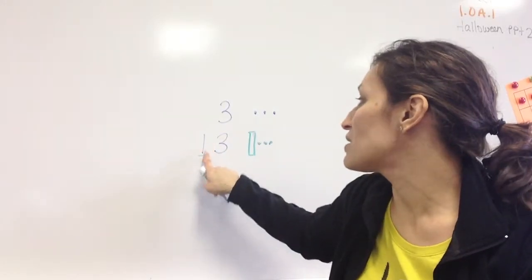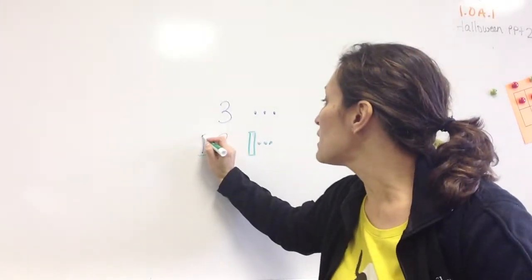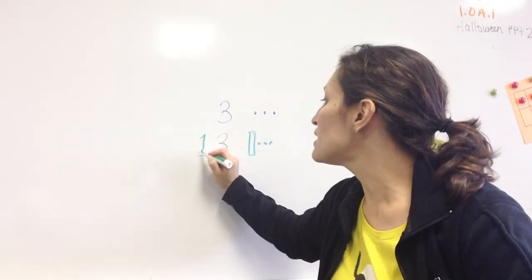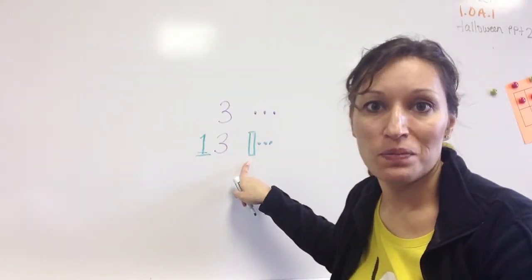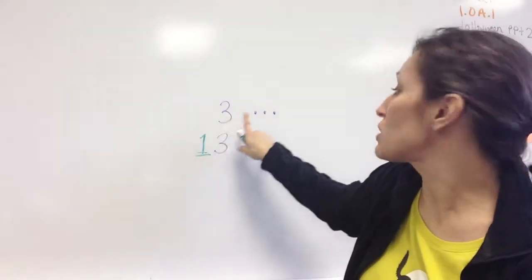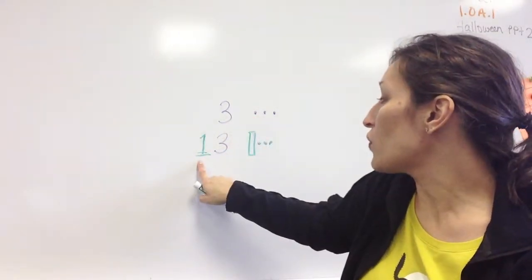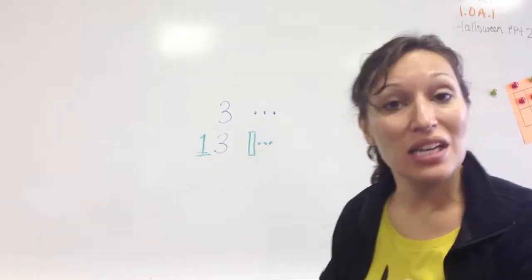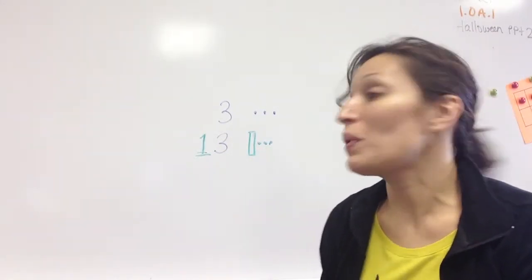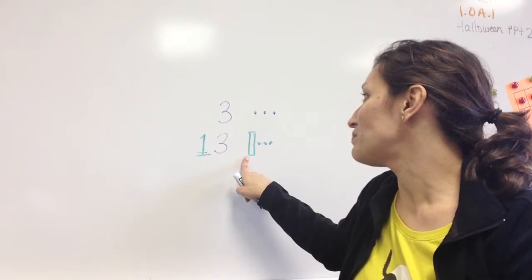It's telling me it has 1 ten. This is the picture for a 10. So 3 is just 3 ones. 13 has a 10, but it also has those 3 ones in it too. But we added a 10.